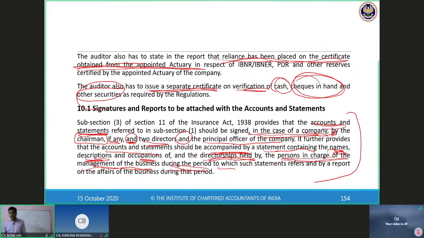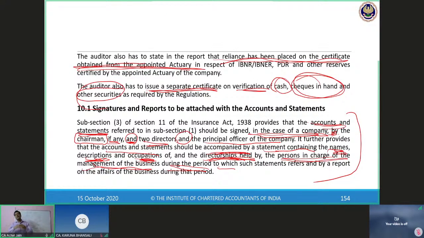But as around the information around their descriptions, occupations, directorships which are held by them, auditor will need to look at the supporting documents. He will need to verify those supporting documents, and post their verification, again in this case, what is going to be the most important part? Audit documentation.